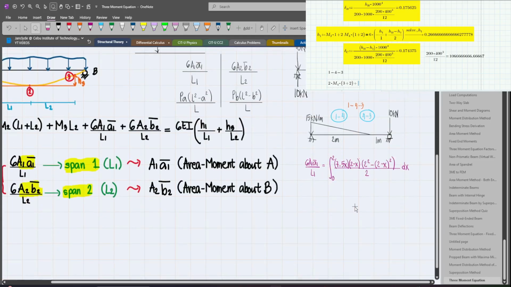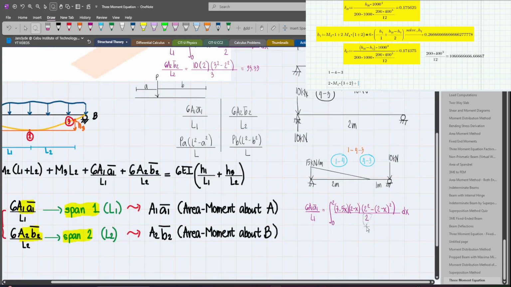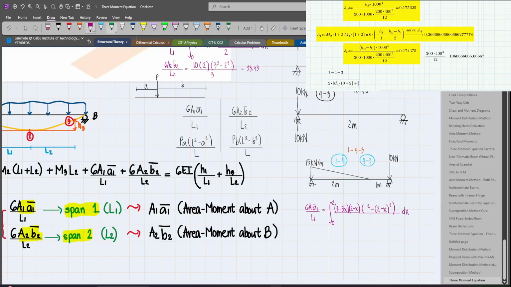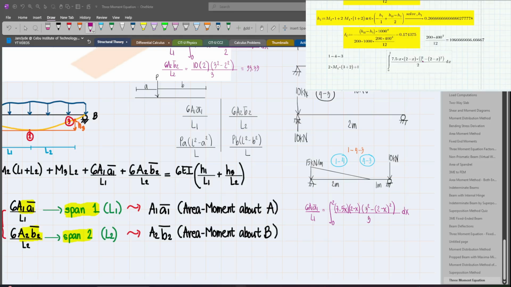Pero, yung L natin, instead of 2, this is now 3. So, palitan mo lang to. 3 squared, then divided by 3. So, ito yung equation na yan. 3, saka ito rin. So, press equals, we have 26. So, 2M4 times L1 plus L2 plus the 3-moment equation factor for the first span, 26.